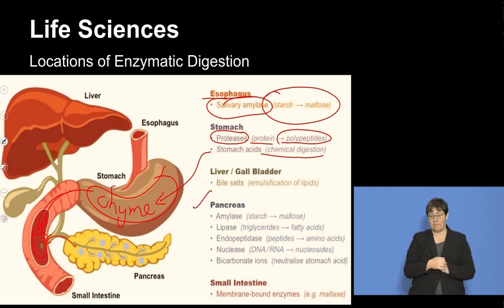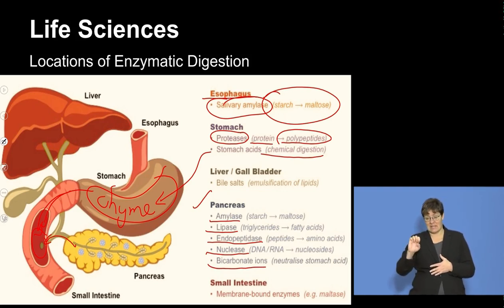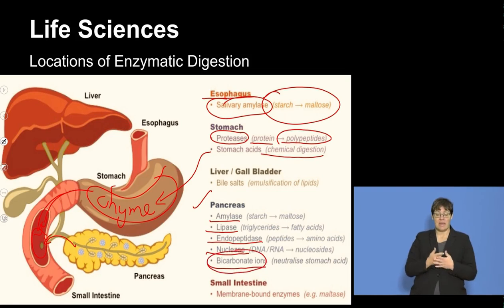So the pancreas produces amylase, lipase, protein digesting enzymes, your nucleic acid digesting enzymes called nucleases, as well as your bicarbonate ions. Those are enzymes and ions that neutralize the pH from acidic chyme into an alkaline secretion.